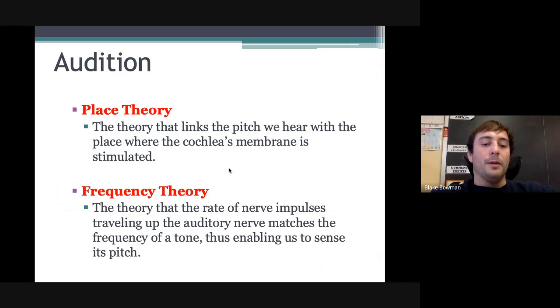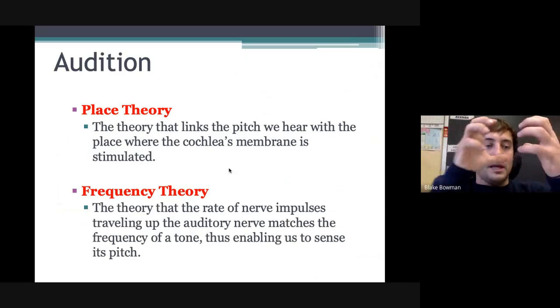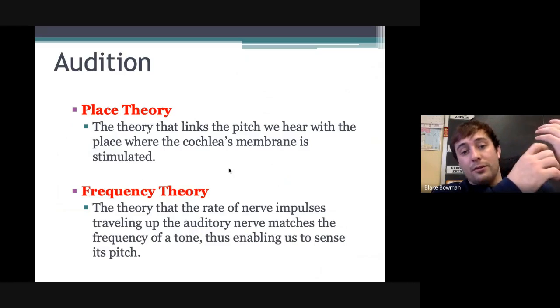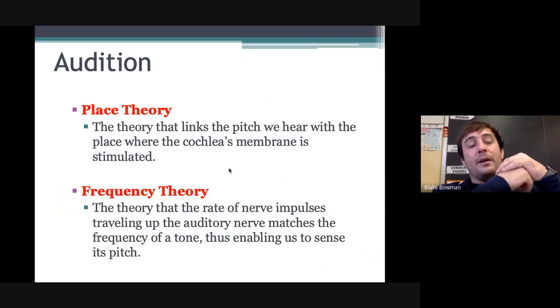So lower pitch would be located with the vibrations right where the stirrup is connected to the cochlea, almost at the beginning of the cochlea, that's where lower pitch is perceived and understood. And then the higher pitch sounds would be located closer towards the auditory nerve. So as these higher pitch sounds occur, they are processed by the basilar membrane in the cochlea towards the auditory nerve.